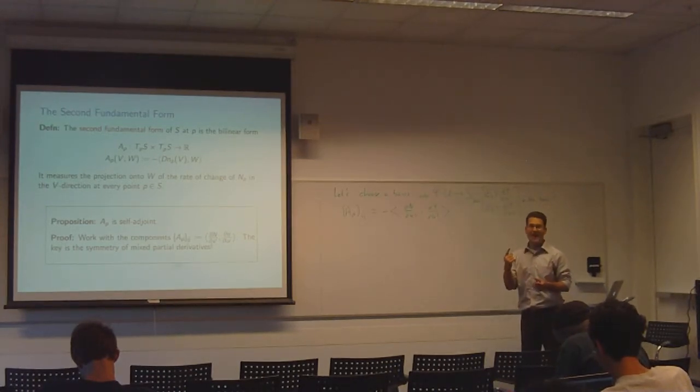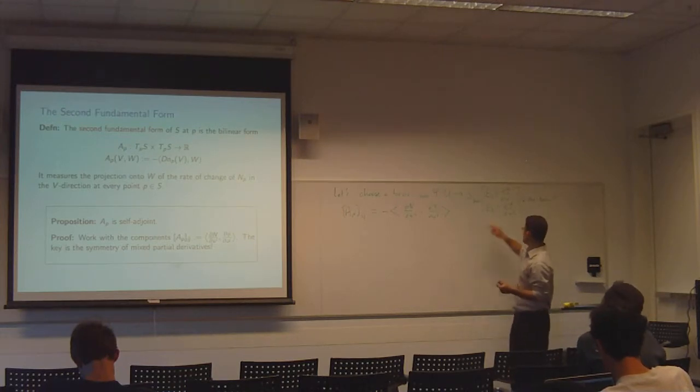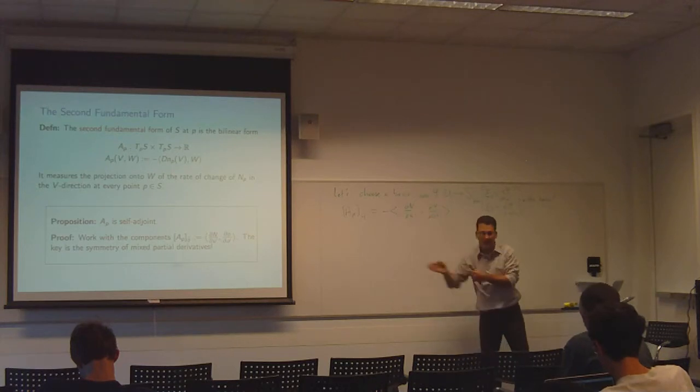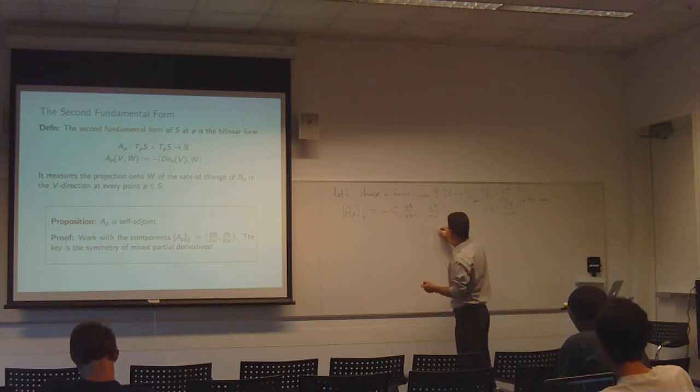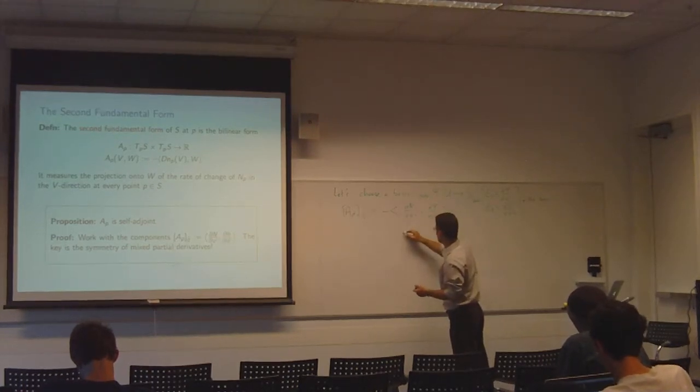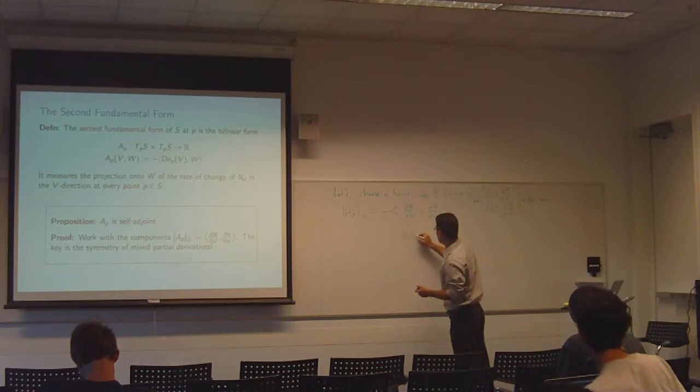So it's the derivative of N in the Ei direction, which is d/dui, so you differentiate in the i direction, and then we take it against Ej. And this here is dN in the Ei direction.